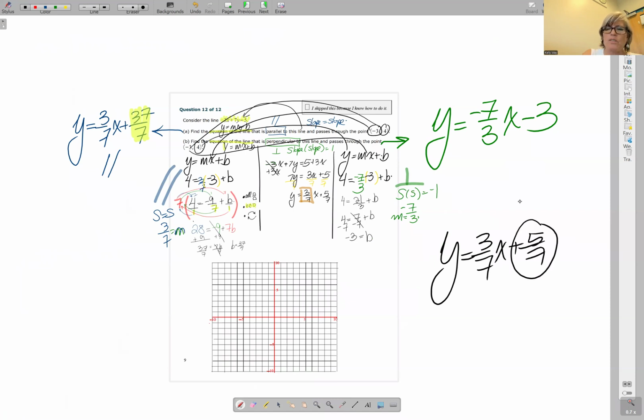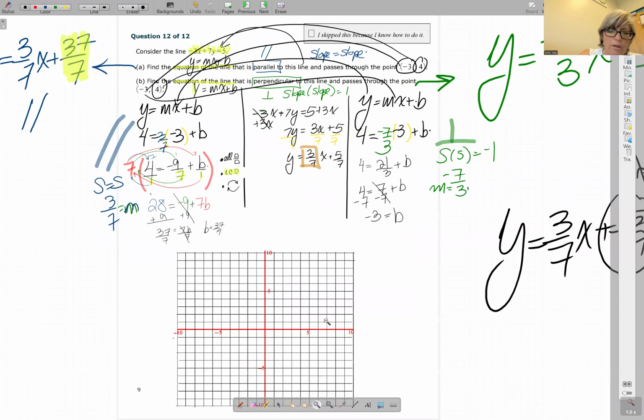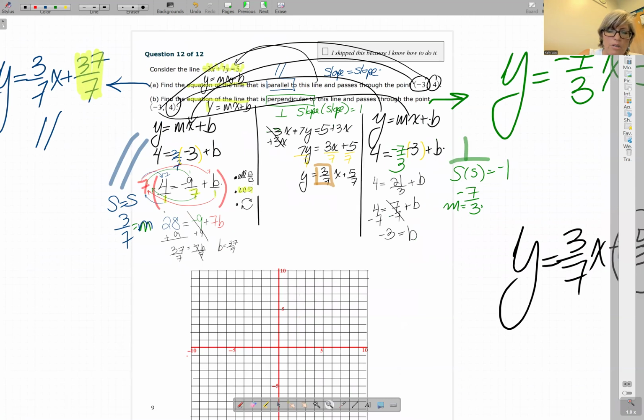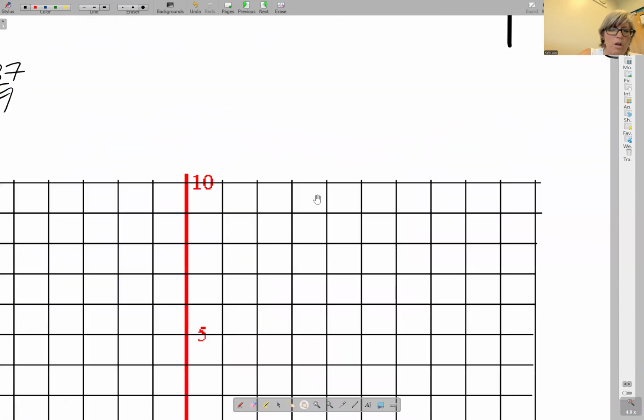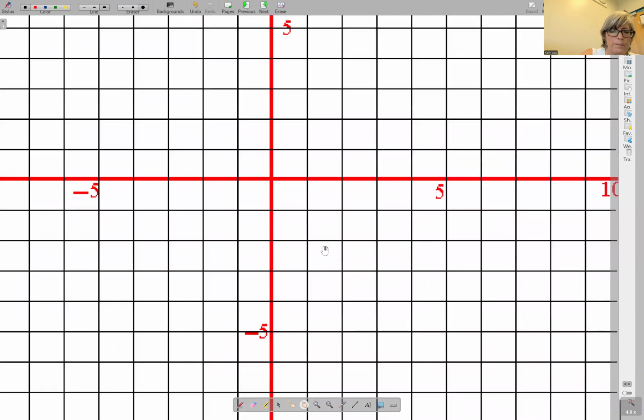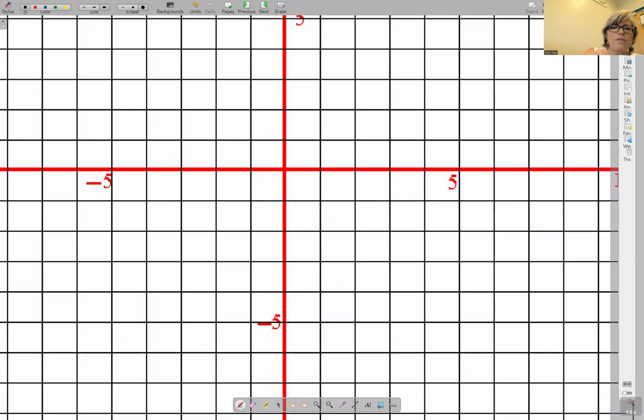Now, 5/7 is a little less than 1, right? It looks a little tricky to graph, but we'll do the best we can. So this is all just an estimation. So 5/7 is about right here.